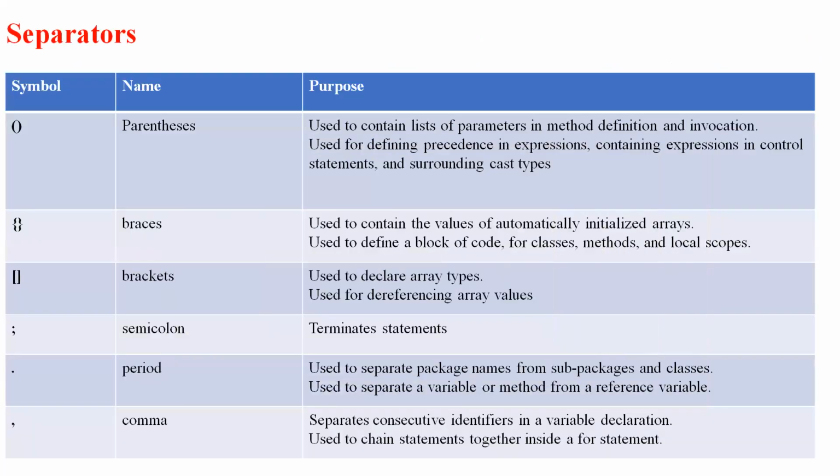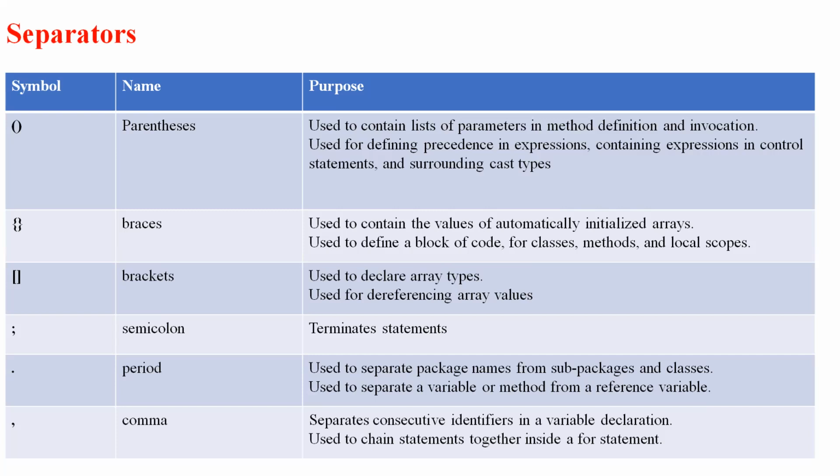Now let's move on to the next lexical elements, that is, separators. The separators in the Java programming language consist of different types of symbols, that is, parentheses, braces, brackets, semicolons, and so on. Whenever we need these types of separators, we use them based on the purpose.